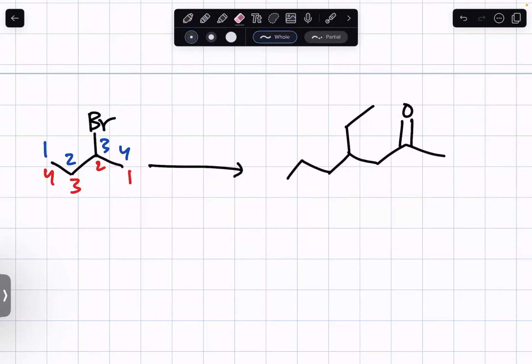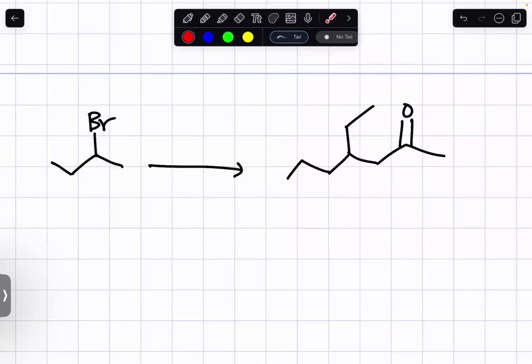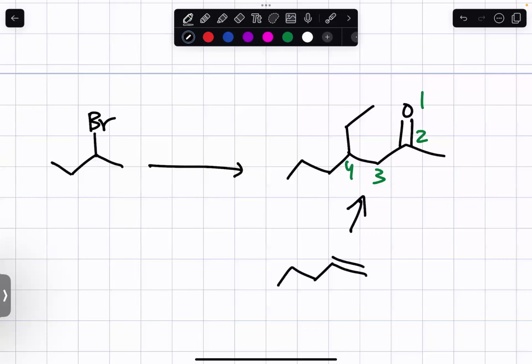I was thinking it could have been a 1,4 addition. So let's go backwards. Instead of doing that, you could just look at the end product right away and see the relationship between them and do that reaction right away. Where this is your 1, 2, 3, 4, and then there was a double bond between the 3 and 4 like that, right? For 1,4 addition, where this was the group that got attached to it.